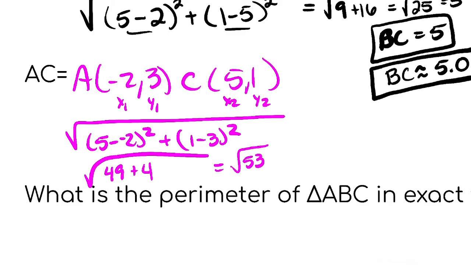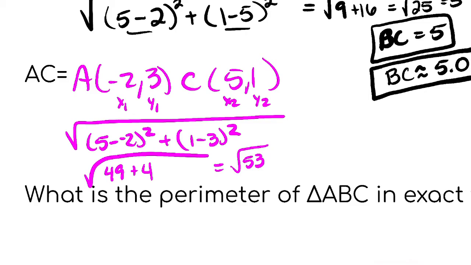53, I don't know if that divides by anything. If you're struggling to figure out what things divide by, in your calculator you can push the y equals and you can type the number. So here 53 divided by x, and then go to the table and see if anything gives you whole numbers. It appears as though 53 is prime.